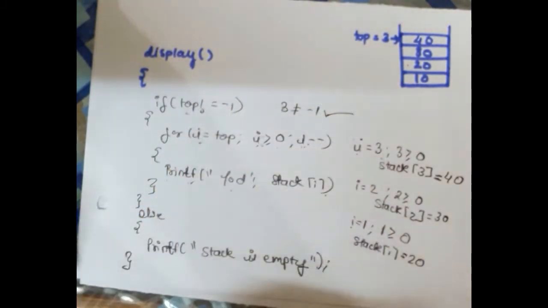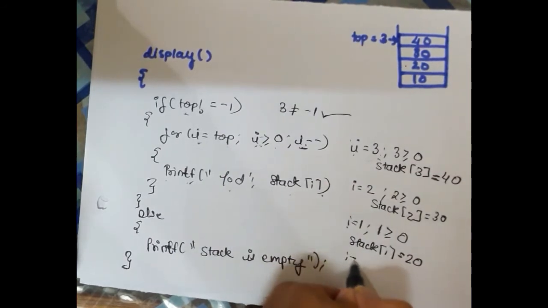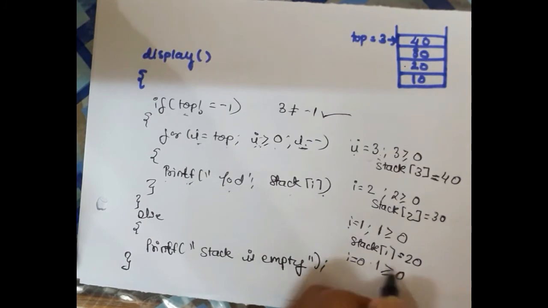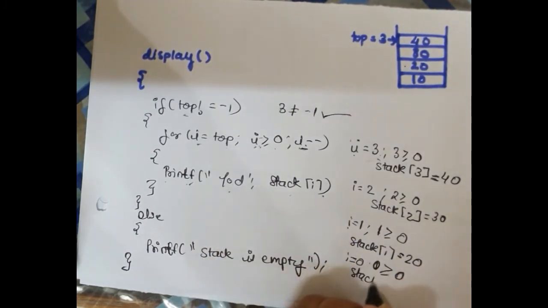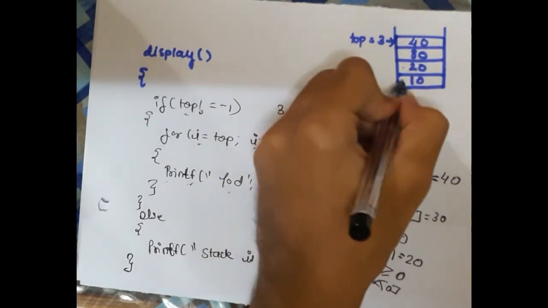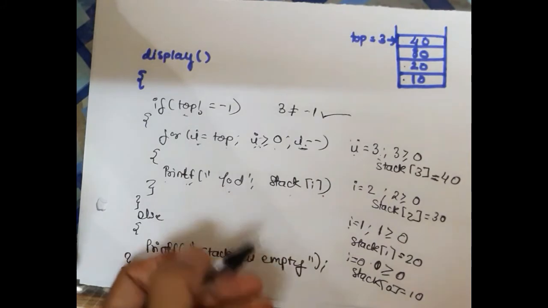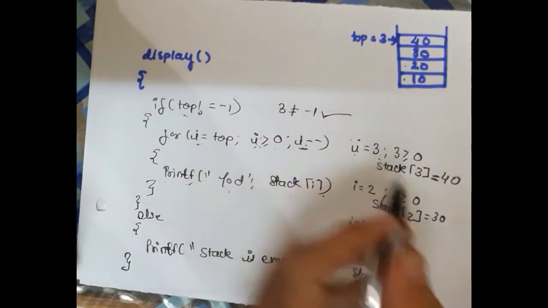Again I will be decremented, I minus minus, so I equal to 0. So 0 is greater than equals to 0? Yes, 0 is equal to 0. The stack of 0, at the 0th position, 10 is there. So 10 will be displayed. And after that, again I will be decremented and I will be equal to -1.